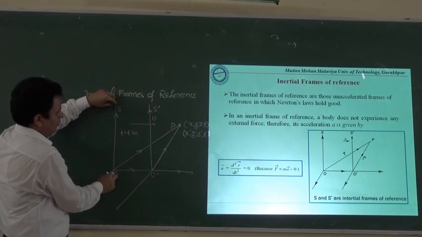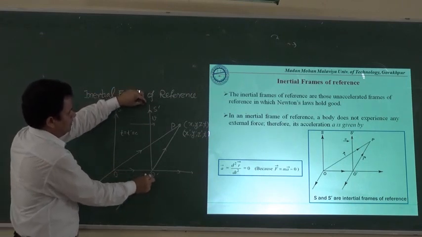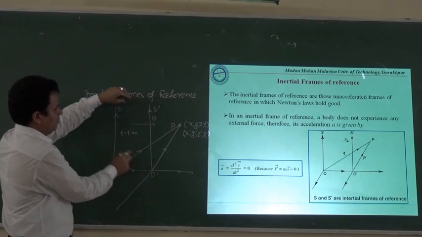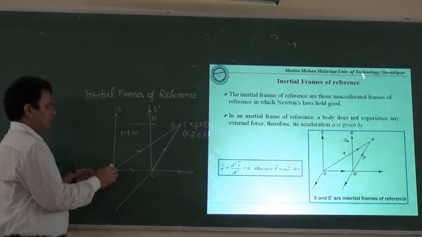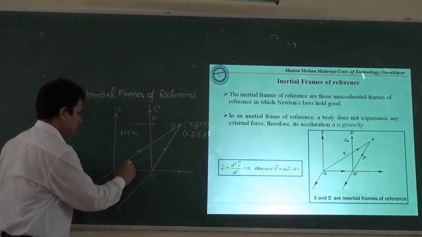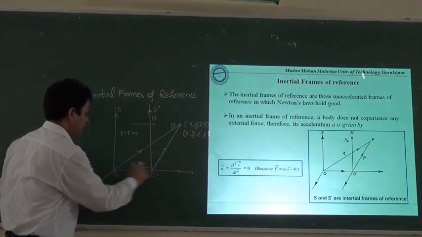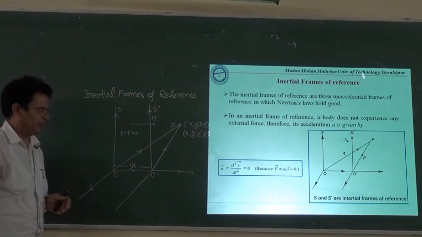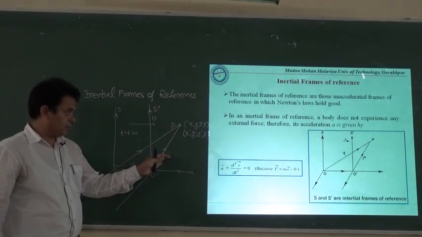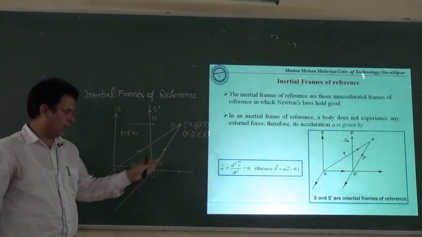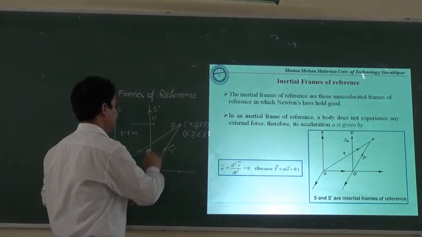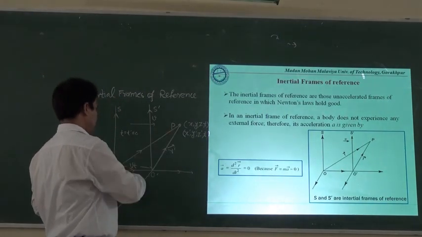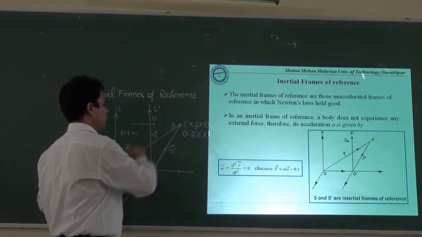But when the second frame of reference starts its journey with a constant velocity with respect to S, then in a time t, this much distance will be traversed by the second frame of reference. And if this is the radius vector as regarded by O dash, then we will see this as r dash, and this as regarded by O will be equal to r.